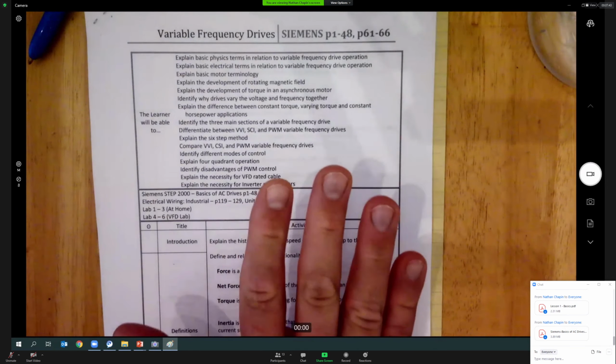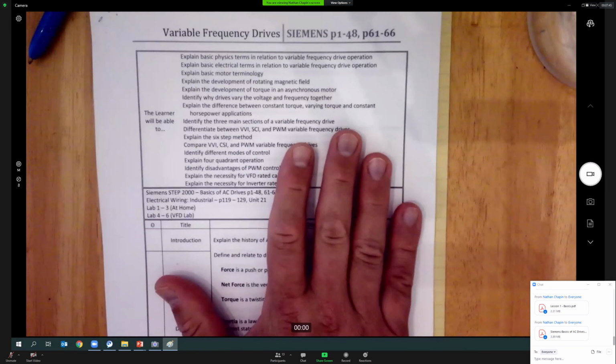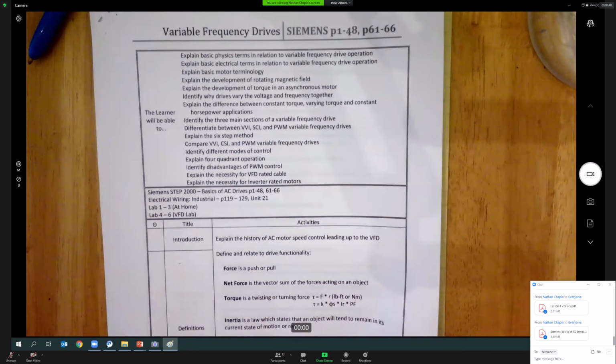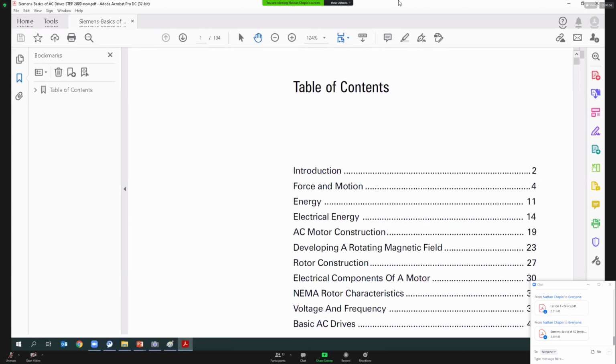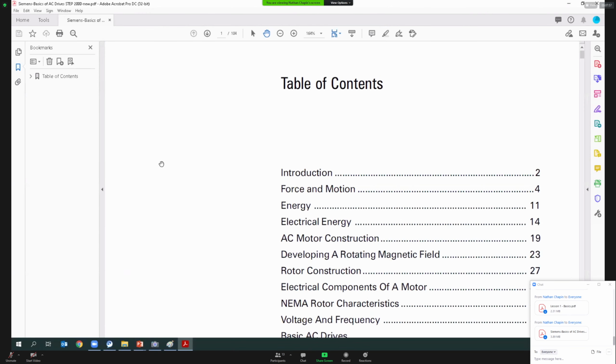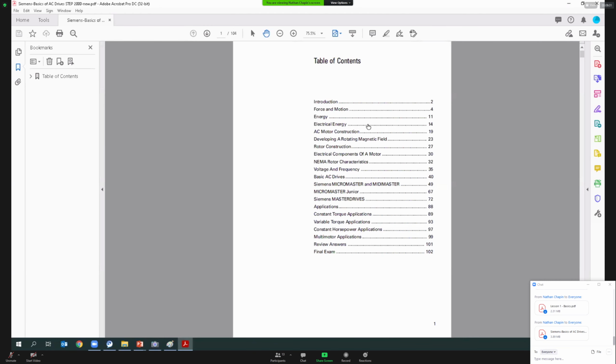So this is basically how we're going to start. This is my lesson plan that I've given to you guys here. It's just got some basics. This is the Siemens Basics of AC Drives, Step 2000. This is a resource from a manufacturer, and it is very good at covering what you need to learn about variable frequency drives.